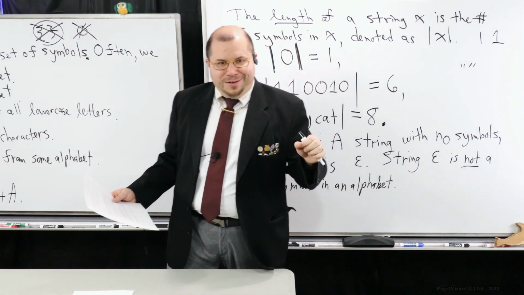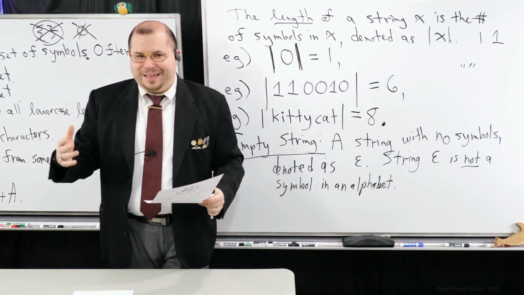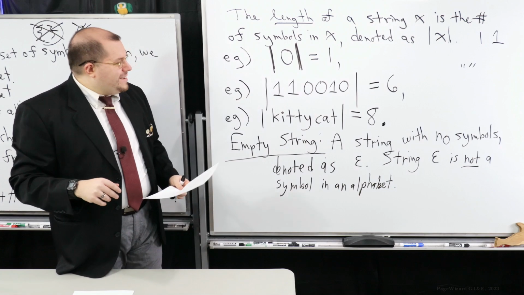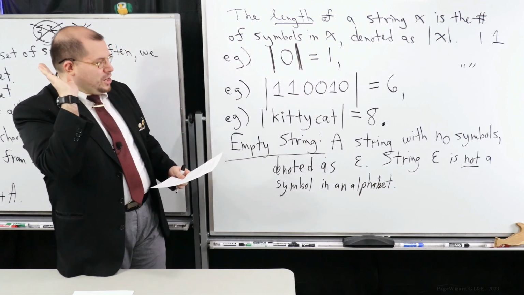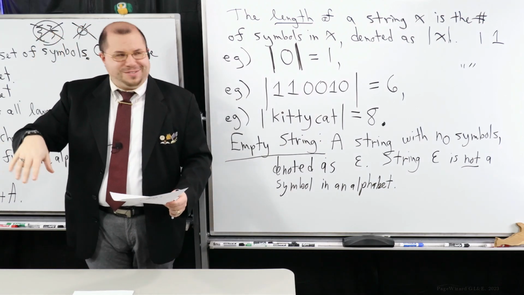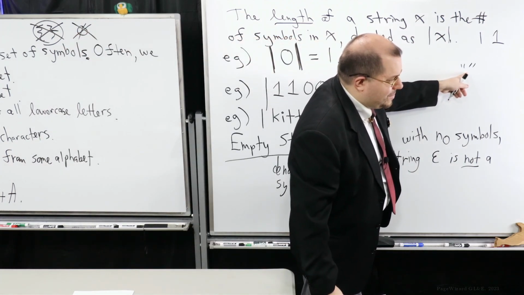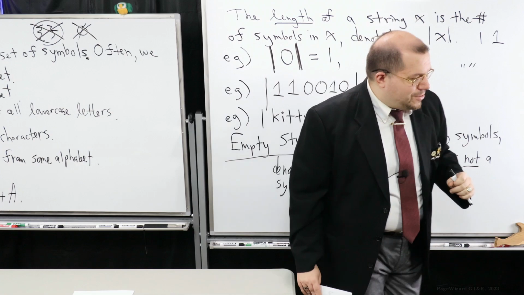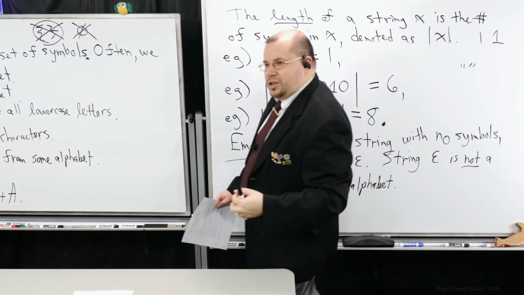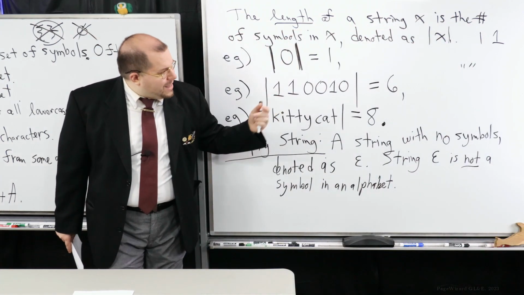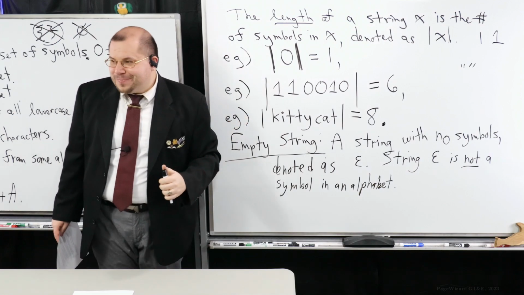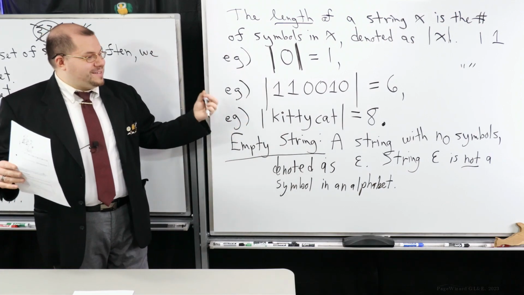So it's a little weird when you first think about it like that. Is that clear, everybody? The empty string is just a string with no symbols. In programming languages like Java or C++ that use double quotes to denote a string, it'll just look like two quotes with nothing in it. But it's still nonetheless a string.